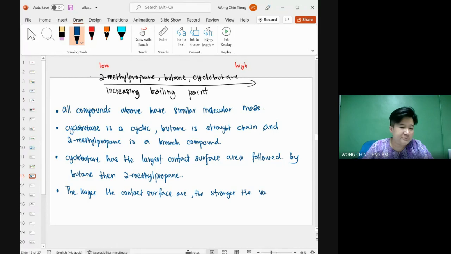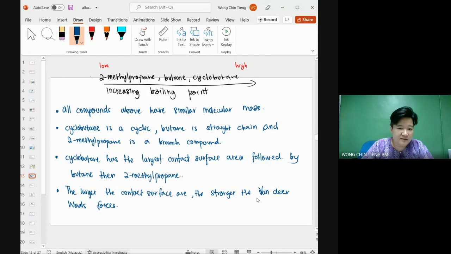And I always keep this sentence separated, sebab ayat ni, statement ni akan dapat markah. So I will always keep this $1 million statement as a sentence of its own. Okay, the larger the contact surface area, the stronger the van der Waals forces.